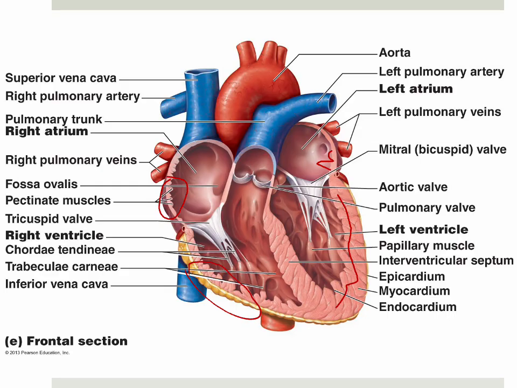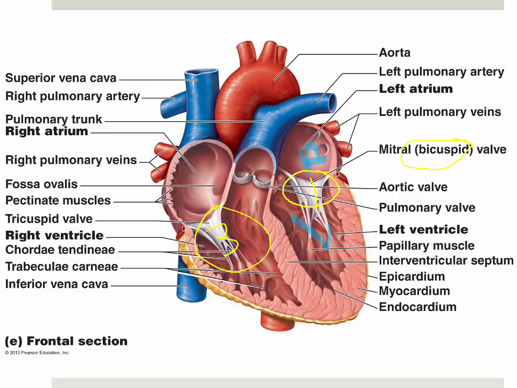Same structure, just different place. In between the atrium and the ventricle, we're going to have an atrioventricular valve, known as the mitral valve or bicuspid valve, because it has two, in contrast to this guy here that has three, and that's why it's called tricuspid.